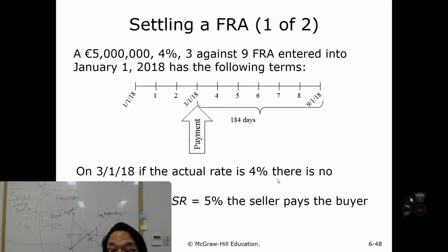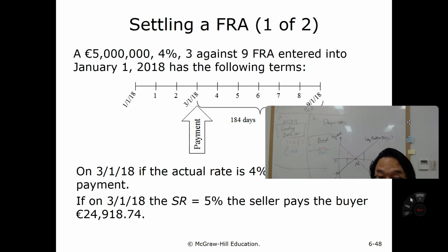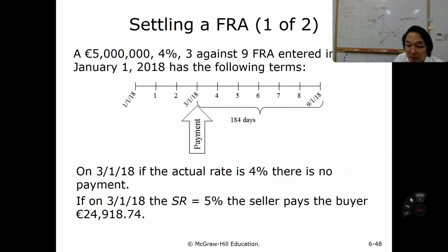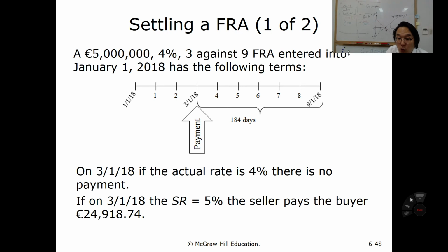Now here's an example. 5 million euro, and 4% agreement rate.